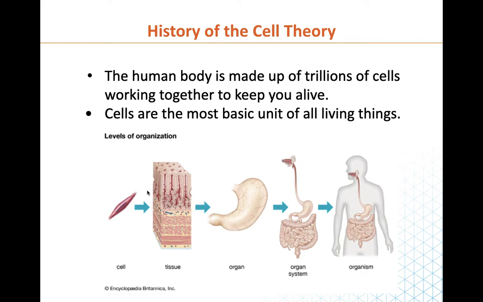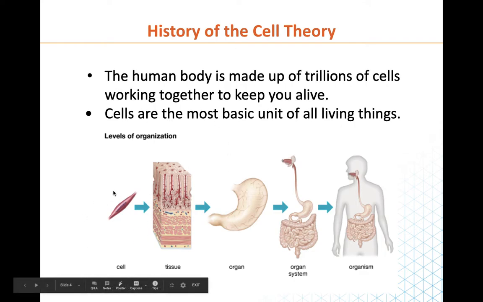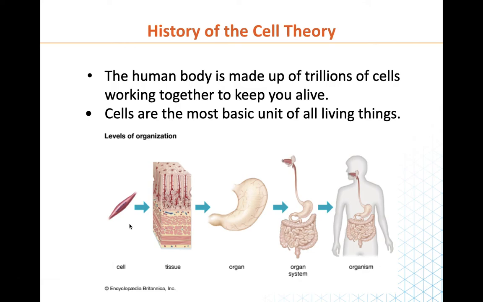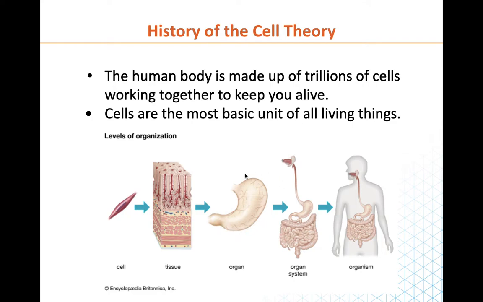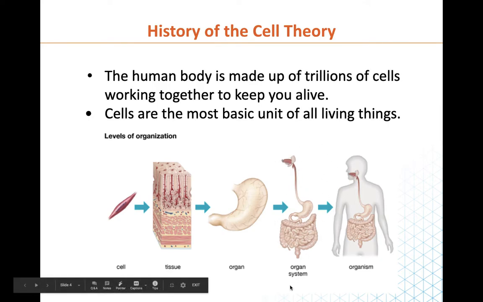All right, so remember, you probably do remember this. A group of cells working together is called a tissue. A group of tissues together is called an organ, and an organ does a specialized job in your body. So for example, the stomach helps to digest food. A group of organs together, like here you have the stomach, the large intestine, the small intestine, the esophagus, they're all working together to form an organ system.